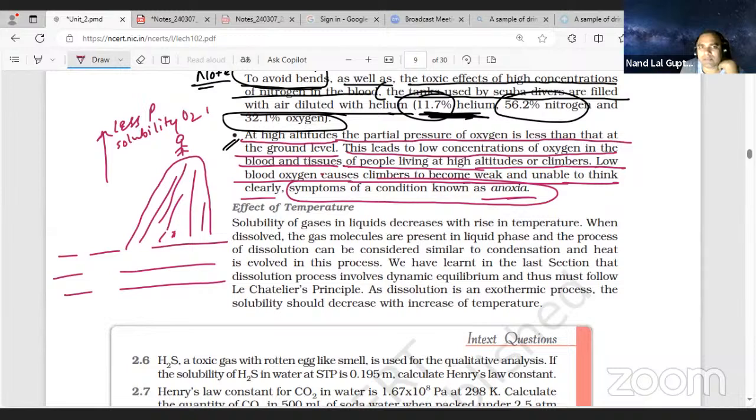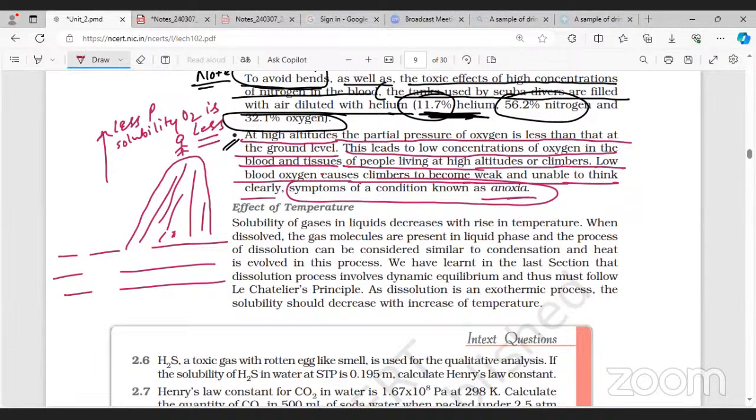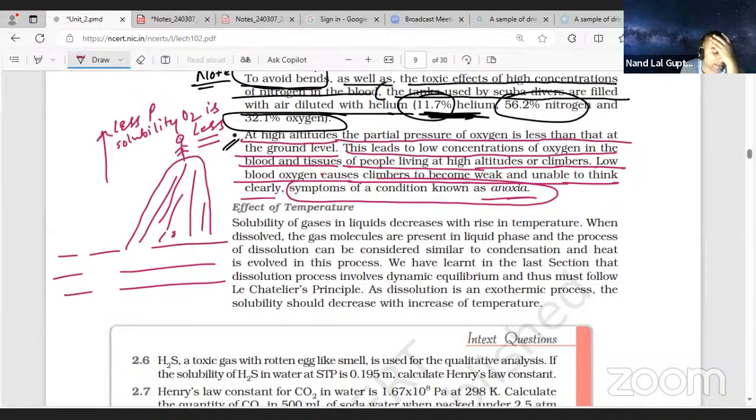Solubility of O2 is less. Solubility of O2 being less means the brain or the tissue will not get proper oxygen. Proper oxygen is not getting, so the person may not think properly, is unable to think, becomes weak, and this condition is known as anoxia.